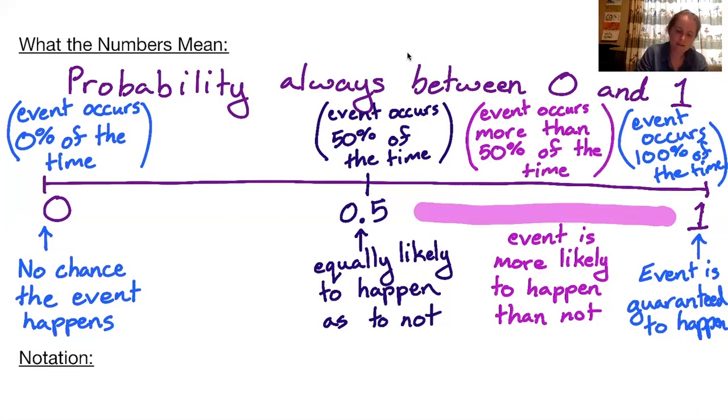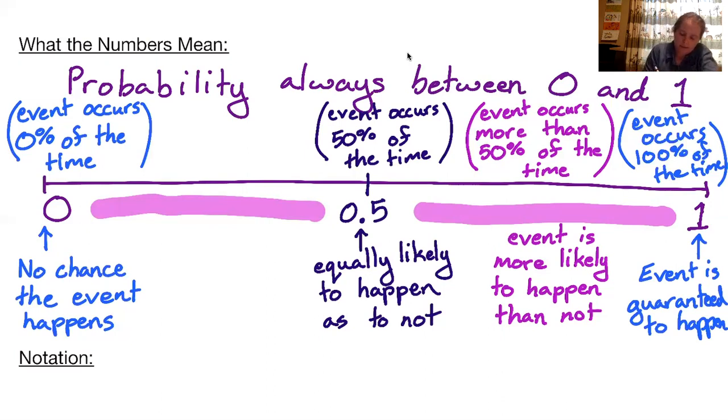And then on the other end, between 0 and 1/2, here we're looking at ranging from no chance of happening to it being equally likely to not happen as to happen.